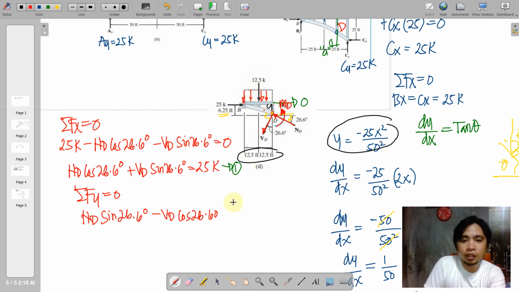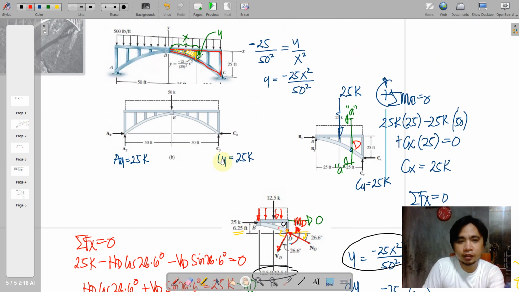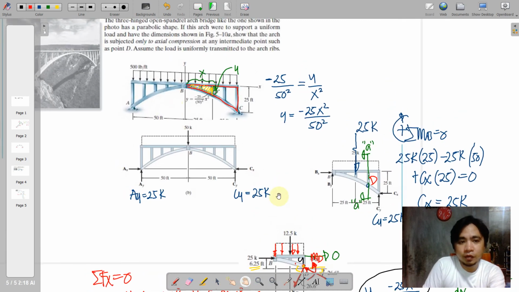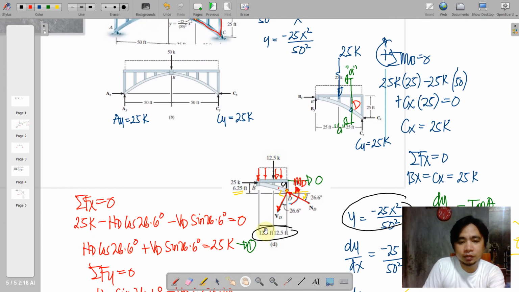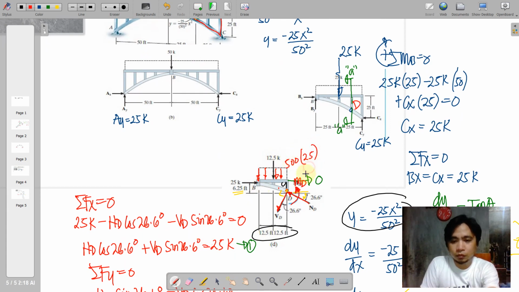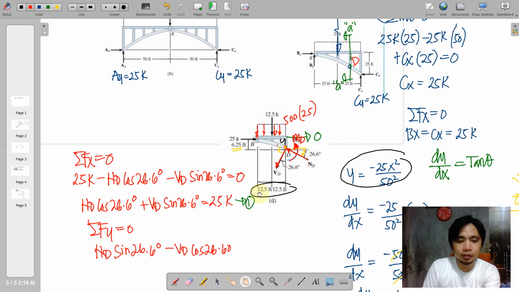So the distributed load is 500 times 50, or we should say 25. So 500 times 25 is 12,500 pounds or 12.5 kips.